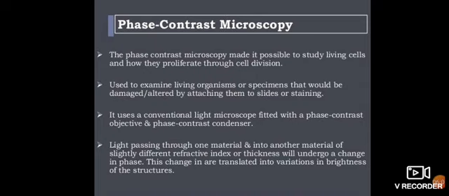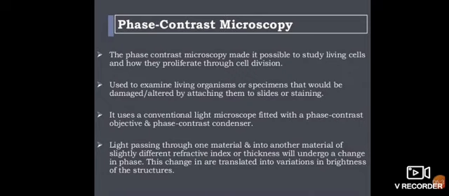So in phase contrast microscopy we observe living cells or living microorganisms. If we observe living microorganisms, we can find out their lifestyle, meaning how they proliferate and how they divide.